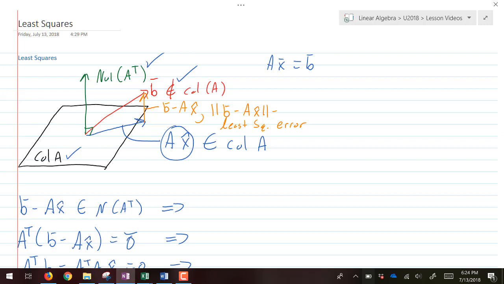We'll call that solution A x hat. So A x hat is in the column space of A, and A x hat plus b minus A x hat gets you back to b. And b minus A x hat must be an element of the null space of A transpose if you want A x hat to be as close as possible to b.